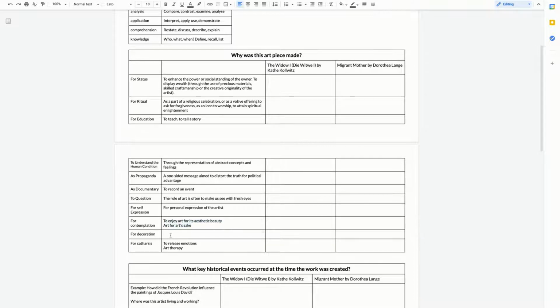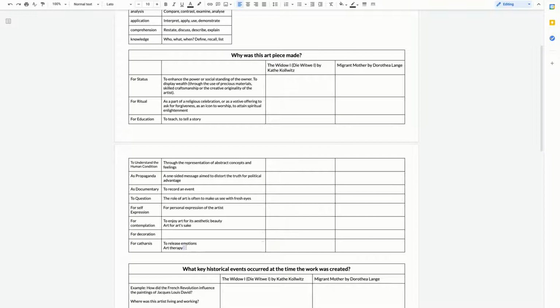There's no providing detail here for decoration because it's simply there to be decorative. Oftentimes, art that is for contemplation can also be for decoration. And this could be things such as statues or vases or ceramic pieces or functional art, as well as the stuff that we put on our walls.